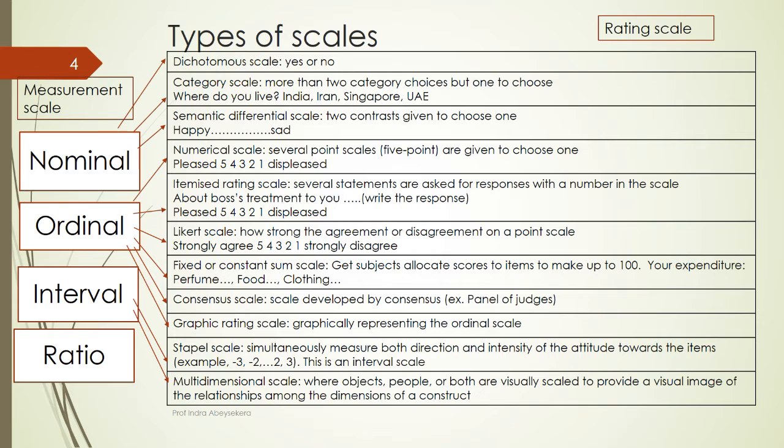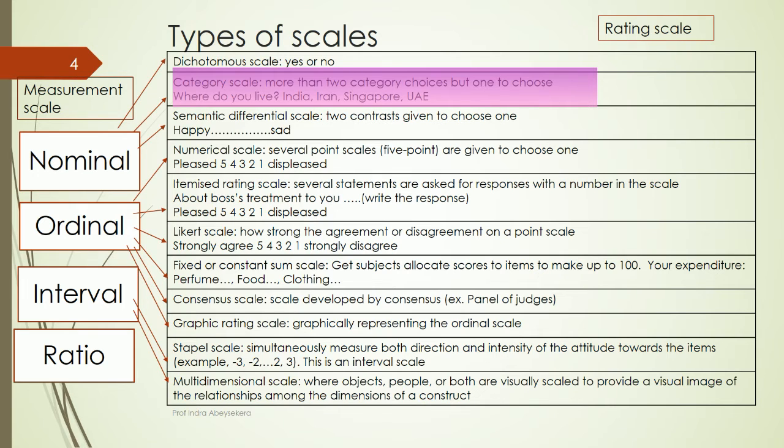For example, a dichotomous scale will collect data which are nominal, that is yes or no, and we can assign 1 for yes and 0 for no. A category scale has more than 2 category choices and one is chosen.